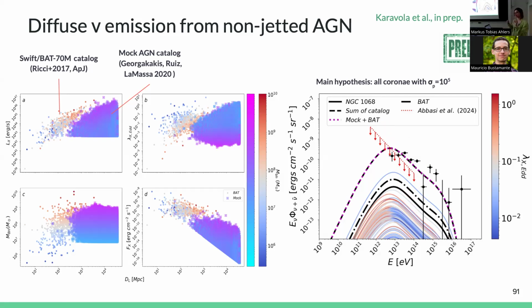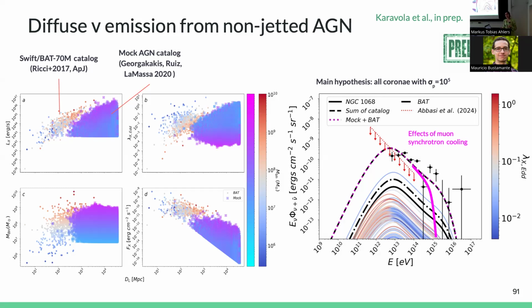Everything is interconnected. Plus, something that I didn't talk about: in our models, the magnetic fields in the corona are very strong, of the order of kilogauss and higher, which means that the charged pions that are produced might lose their energy faster before decaying because of synchrotron losses.